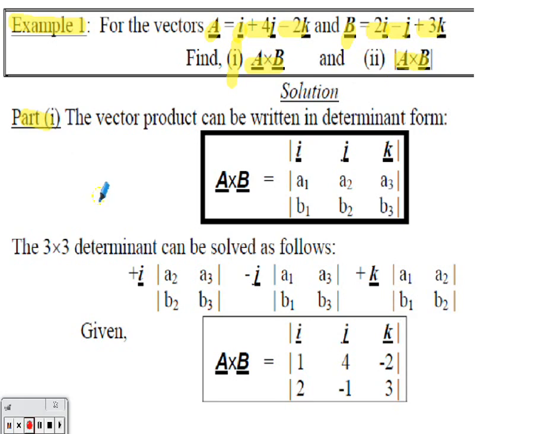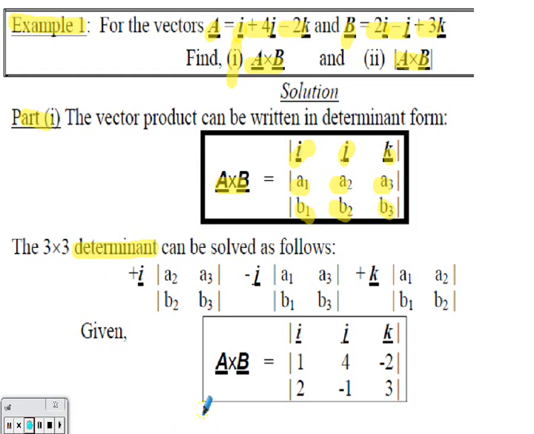So we can write the vector product A cross B in determinant form. We know from our previous slide the i, j, k column can be filled in with the A1, A2, A3 for the vector A and the B1, B2, B3 coefficients for the vector B. So we're now going to solve our determinant using the process outlined on the previous slide.